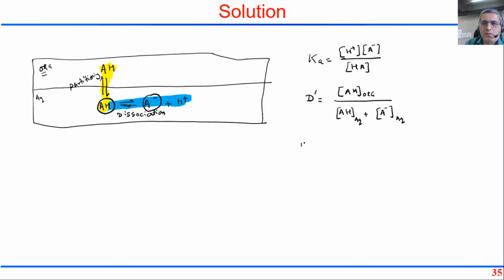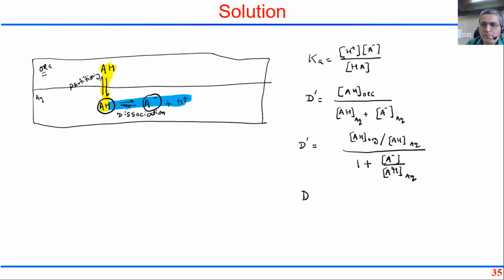If you want, we can write this a little differently. AH in the organic phase divided by AH in the aqueous phase, divided by 1 plus A minus divided by AH in the aqueous phase. Do you agree with this? I have just divided numerator and denominator by AH in the aqueous phase.